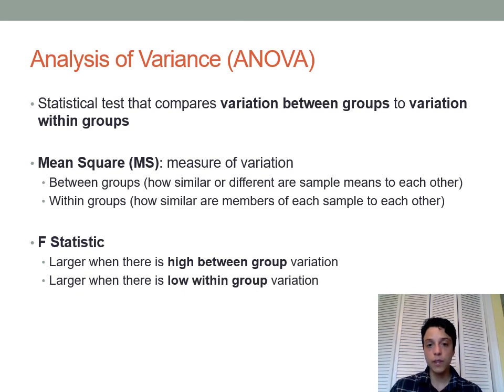It's also larger when there's low within group variation, so when members of each sample tend to be really similar to each other. So you'd have a high F statistic if your rural, urban, and suburban sample means were really far apart. You'd also have a large F statistic if members of your rural sample were really similar to each other, members of your suburban sample were really similar to each other, and members of your urban sample were really similar to each other.